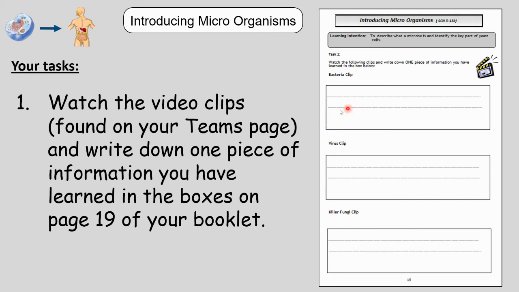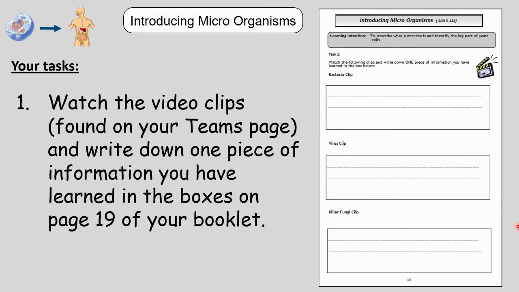So you're going to watch each of those in turn, and for each one, on page 19 of your booklet, you're going to try and write down one piece of information that you've learned from the video. You can either write it down as you go, or you can watch the whole video and then write it at the end. We want one piece of information about bacteria, one piece of information that you've learned from the virus clip, and one piece of information that you've learned from the killer fungi link.